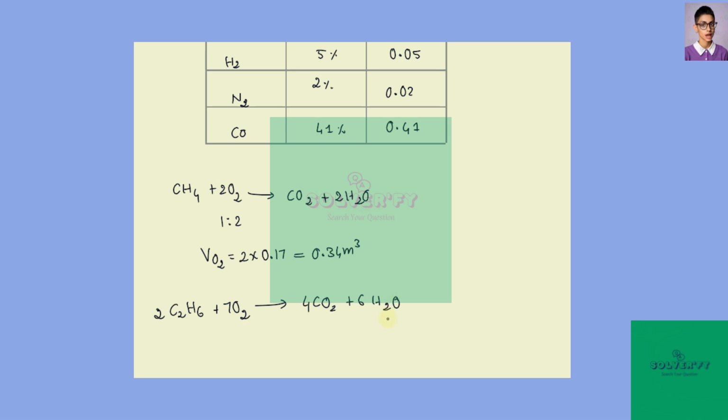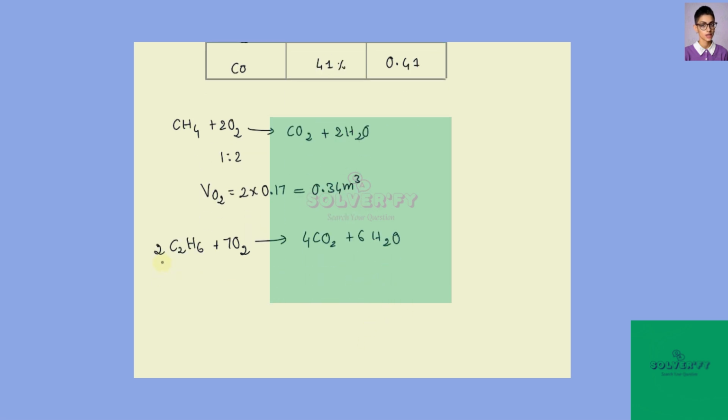Here the relationship between the ethane and the oxygen is in 2:7 ratio. Therefore, the volume of the oxygen will be equal to 7/2 into the volume of ethane, which is 7/2 × 0.20. On solving this, it will be equal to 0.7 meter cube.